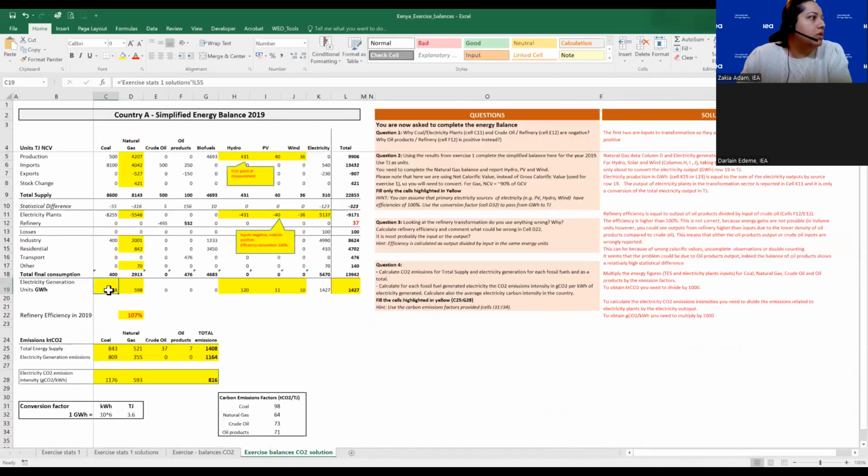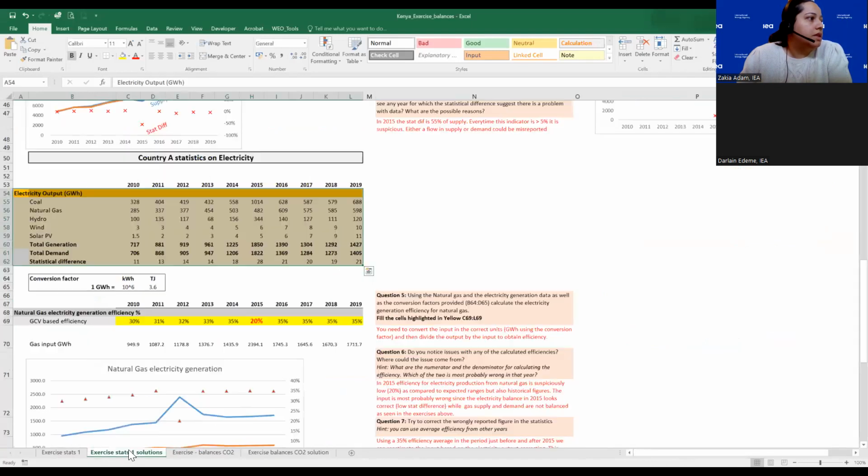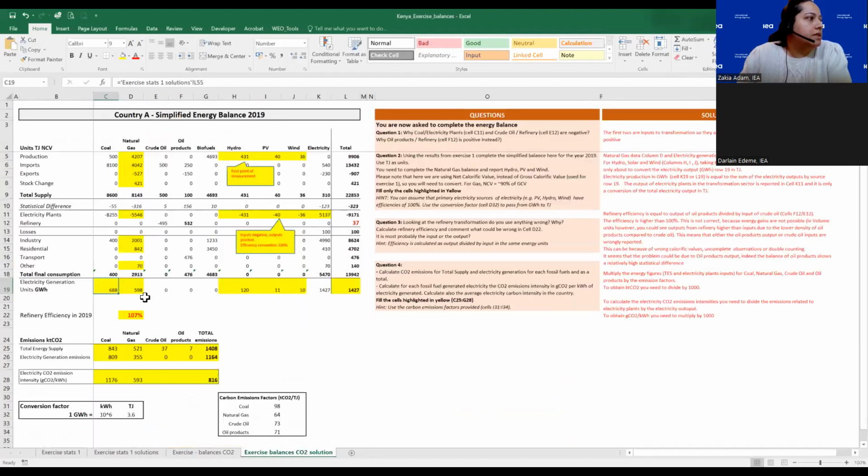So for coal, it's 688, because here coal is 688. You do the same for the different products, and your total is the sum of the different electricity production by fuel.